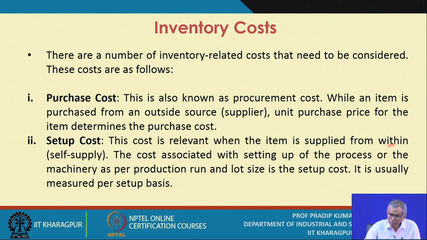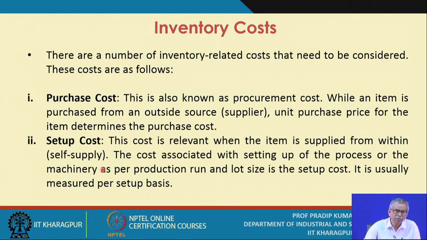When the item is supplied from within the plant, there is a cost associated with setting up the process or the machinery. So there is a setup time. You need to produce, say, 500 units at a particular machine, and I will be sending these to the fabrication shop.